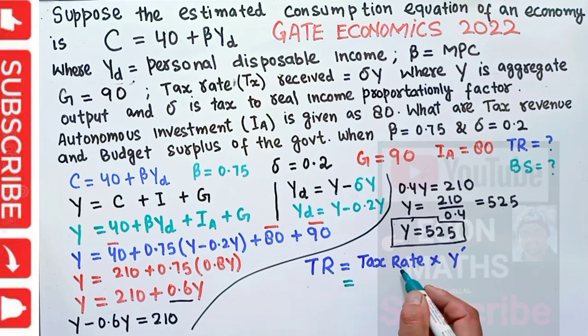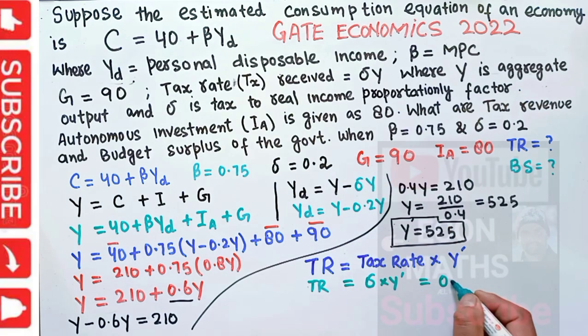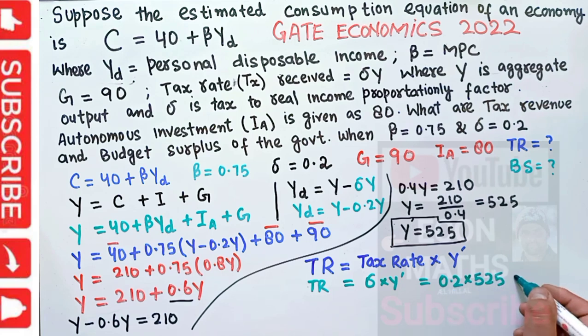That means tax revenue is equal to delta times Y dash. Delta is 0.2, the equilibrium level of income came out to be 525, which when we multiply comes out to be 105. That means our tax revenue will be equal to 105.